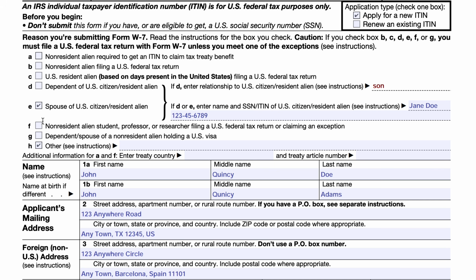And then other reasons, for example, sometimes third parties like banks and financial institutions may require you to submit a form W-7 so that you can have a taxpayer identification number, and then they can issue an informational return. This happens a lot with mortgages.